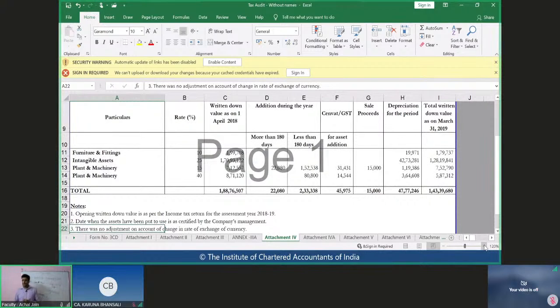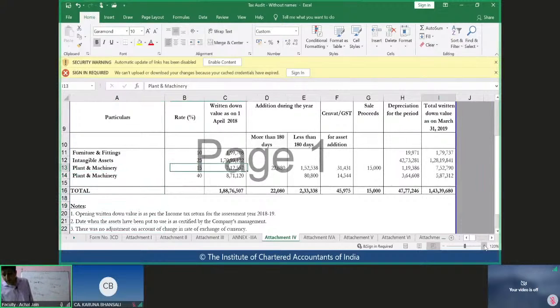Okay, then we move on to the closing balance. Now closing balance will involve what? Closing balance will involve all of these arithmetical computations. This is also very important because we cannot just rely that whatever numbers have been put over here will always be all right. So we should look at the computations as to how all of these closing balances would have been derived.